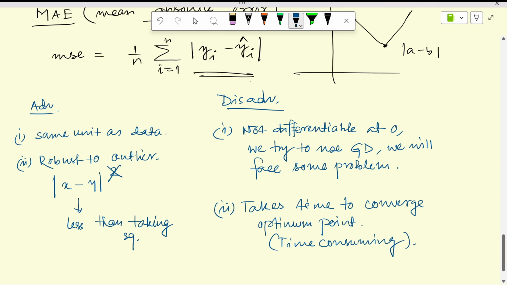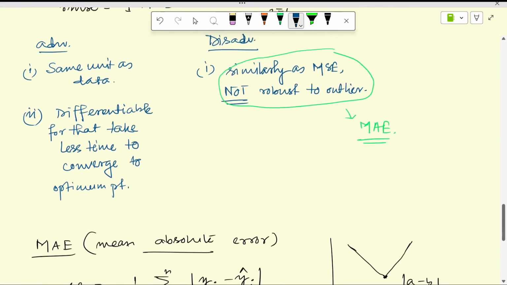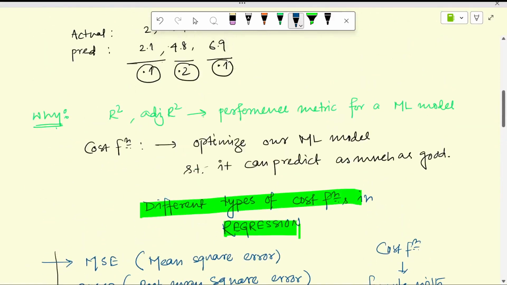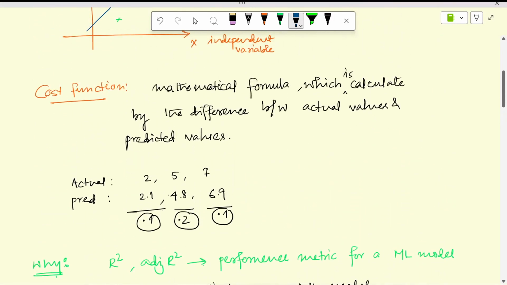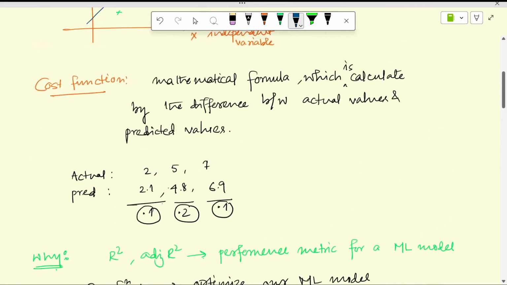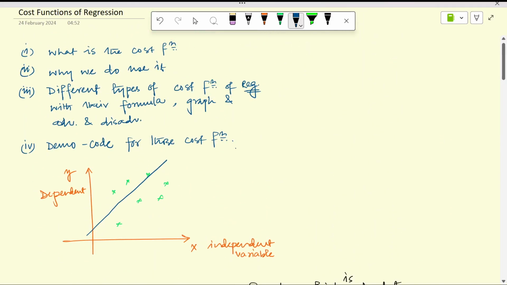Okay. So here I discussed all the things part by part. This is all the theoretical part for the cost function. By this, you can know the fundamental concept of the cost function. By our agenda, we defined the cost function, we discussed why we use it, and we discussed these things also.